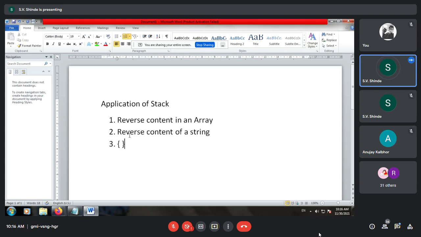It is nothing but the start of a block and the end of a block. Another punctuation you can see is used in arrays. Let us define what it is. The first punctuation is related to a block in C or C++. The second punctuation is the definition of an array.